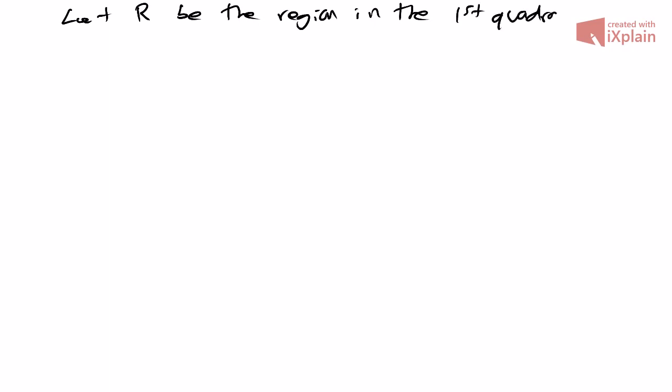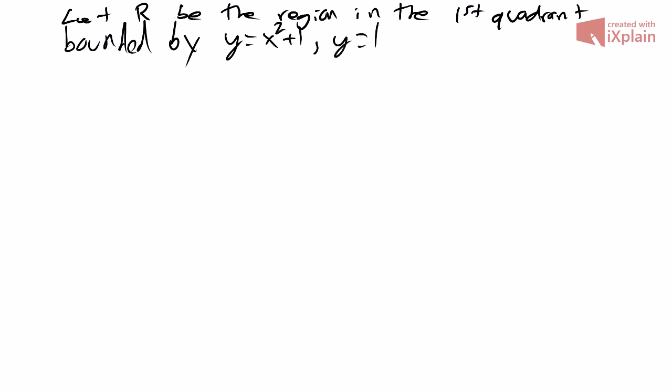All right, so now we're going to look at a solid that will require the vertical washer method to find the volume. So let R be the region in the first quadrant bounded by y equals x squared plus 1, y equals 1, and x equals 1.